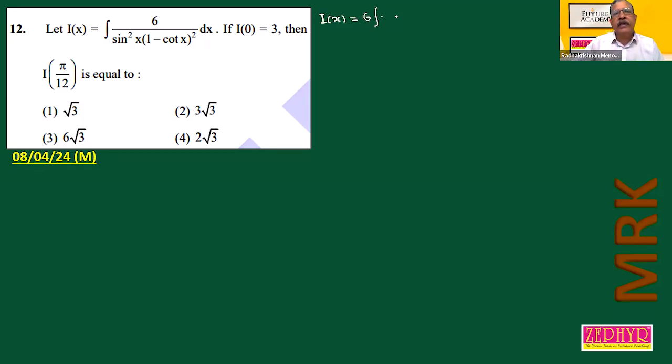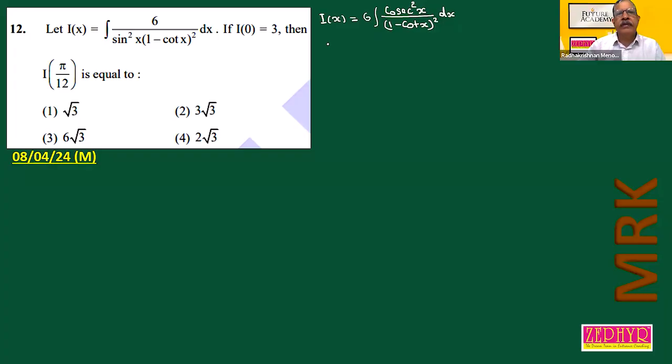Denominator is 1 minus cot x the whole square. Numerator, see 1 by sin squared x is cosec squared x. Now, the derivative of the denominator's inner function, 1 minus cot x, is present in the numerator. So that is appearing.